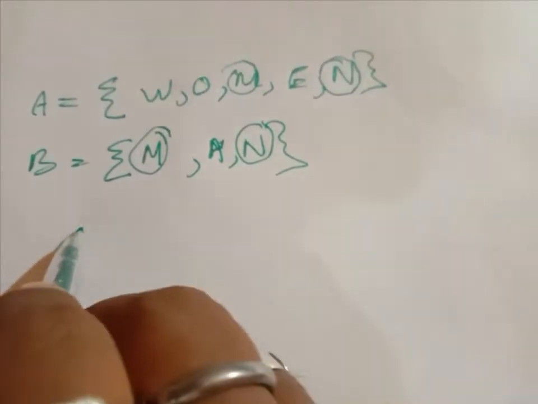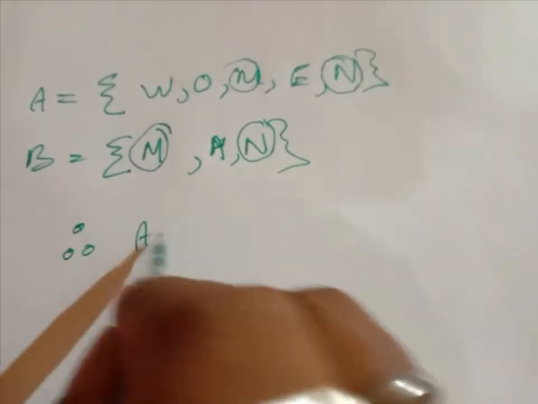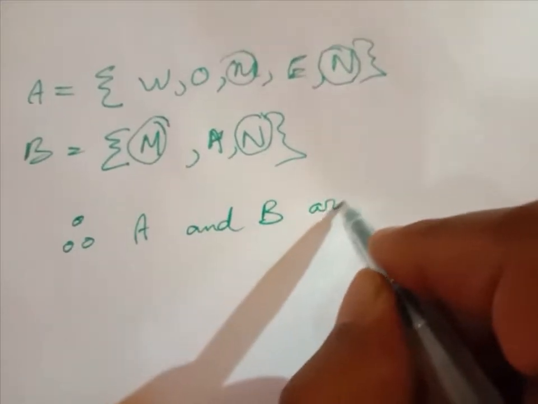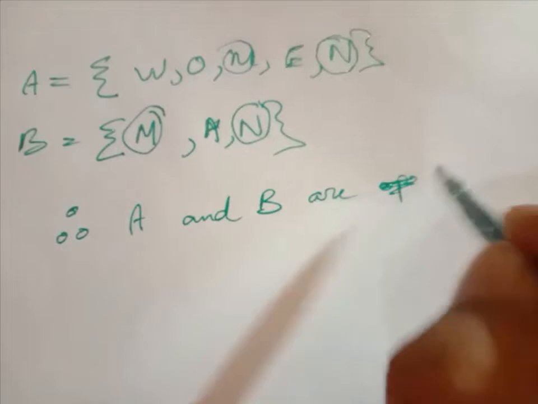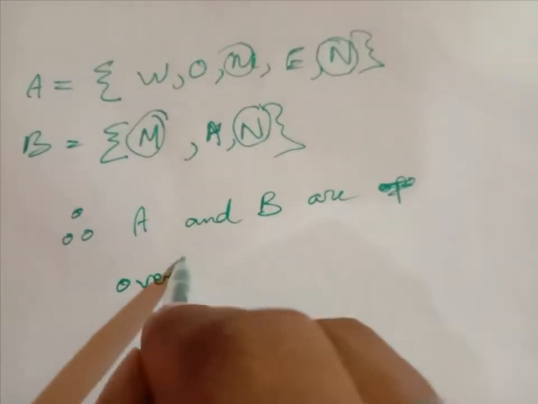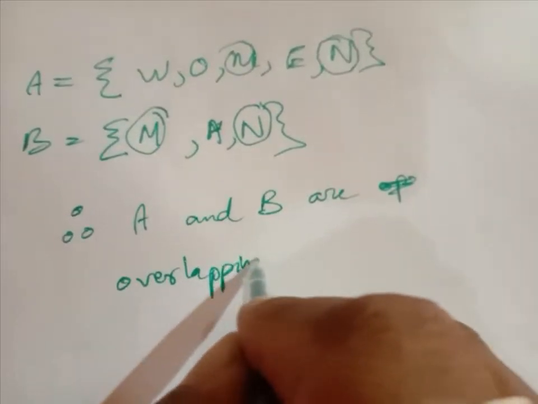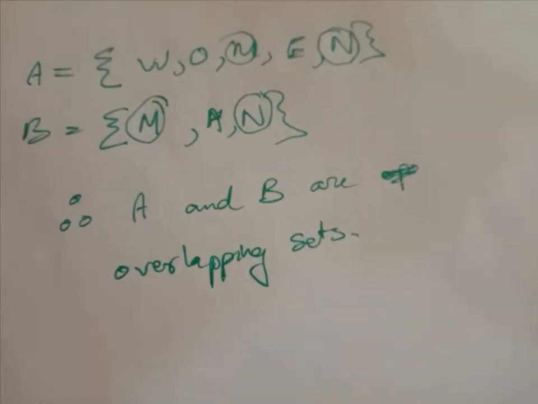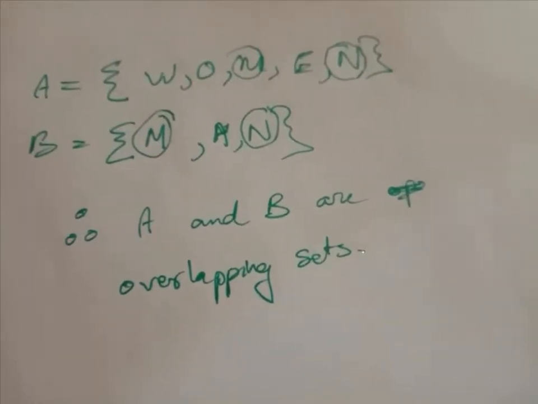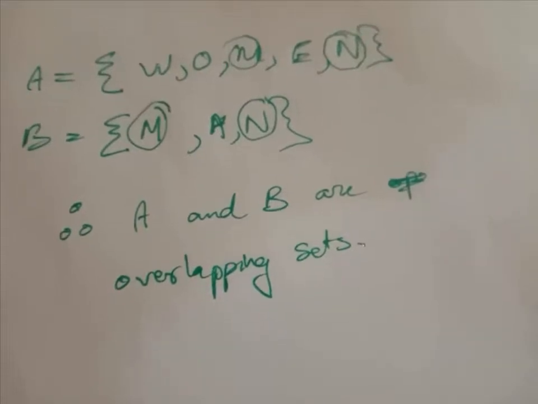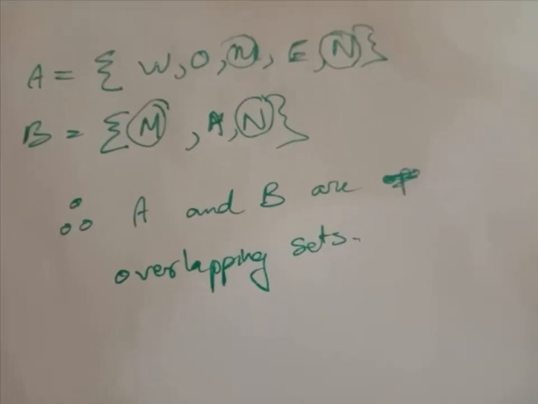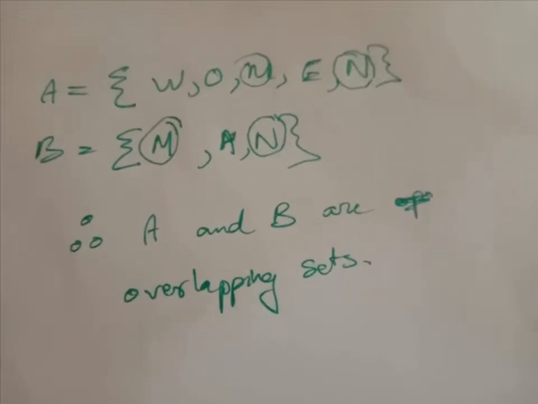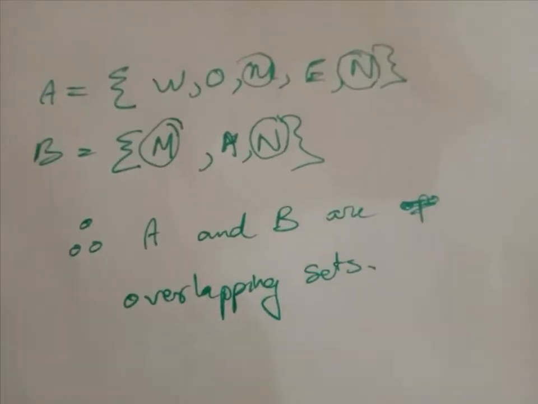So we will write, therefore A and B are overlapping sets. So this is how you are going to do all the problems in module number 5. Now let us discuss more about the other modules.